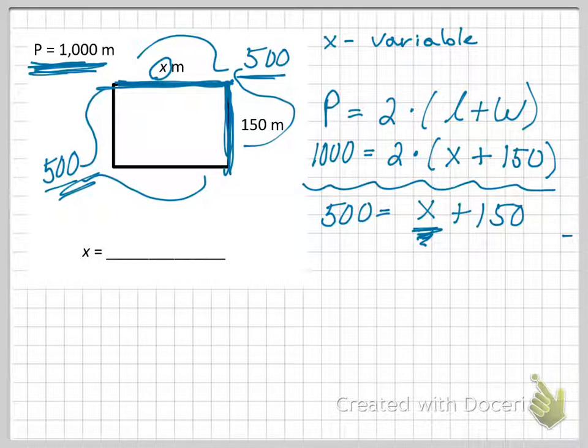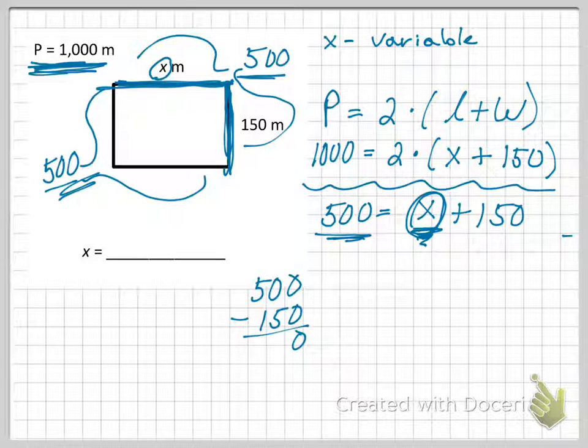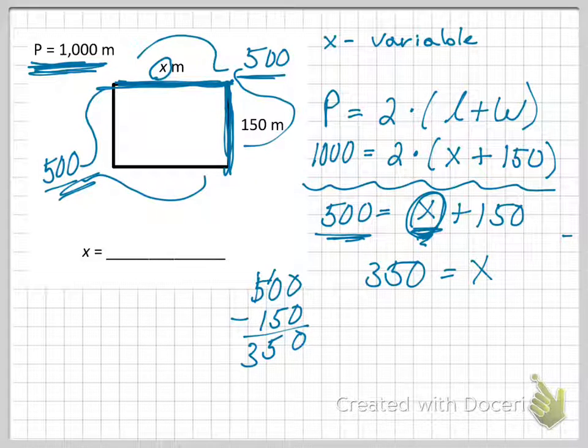What plus 150 is going to give me 500? Now, if we subtracted, because remember, we can find that missing number. If they give us a total, we have to find the missing number. We're going to subtract. So 500 take away 150 leaves us with 350. So x is equal to 350.